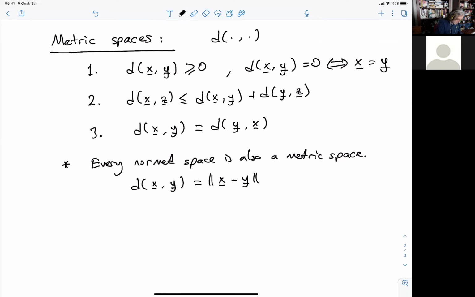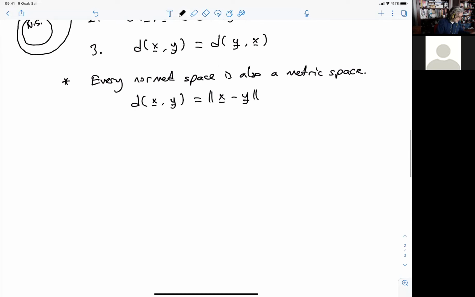So we can visualize it like this. This is the normed space, and the metric space is actually a larger set. Metric space is here, because you can define the metric distance, D operator, that can be different than the norm.